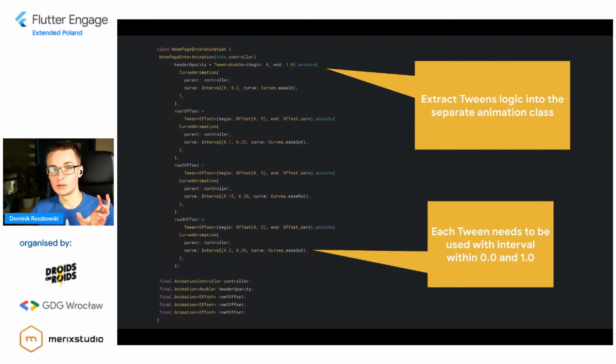let's say, animation controller progress, right? So this will make this curve is in for the 0 and 0.2 points of progress of the animation controller. So the animation controller will go from 0, 0.1, 0.2, 0.3, 0.4, 0.5, right?